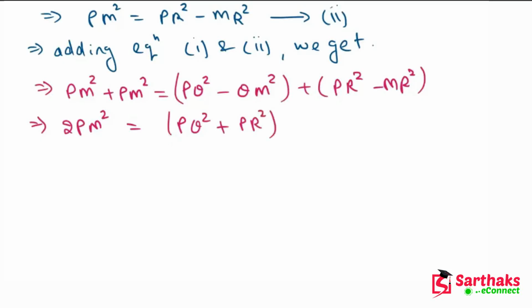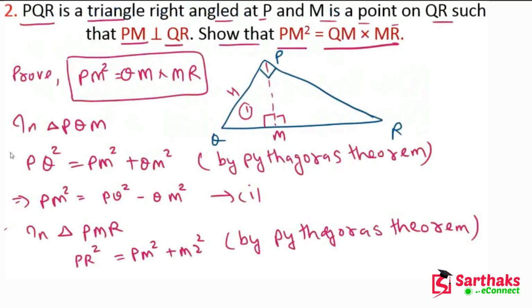Okay, pq square plus pr square, and it will become minus what is left? We have qm square plus mr square. Now if we observe, pq square plus pr square, we get qr square by Pythagoras theorem.